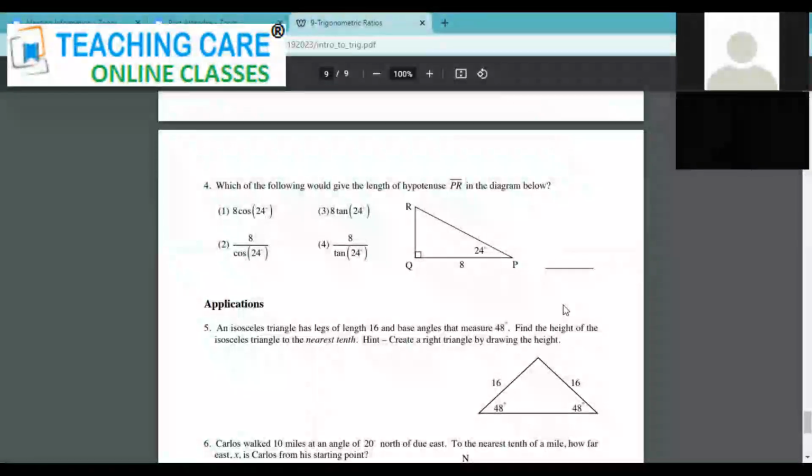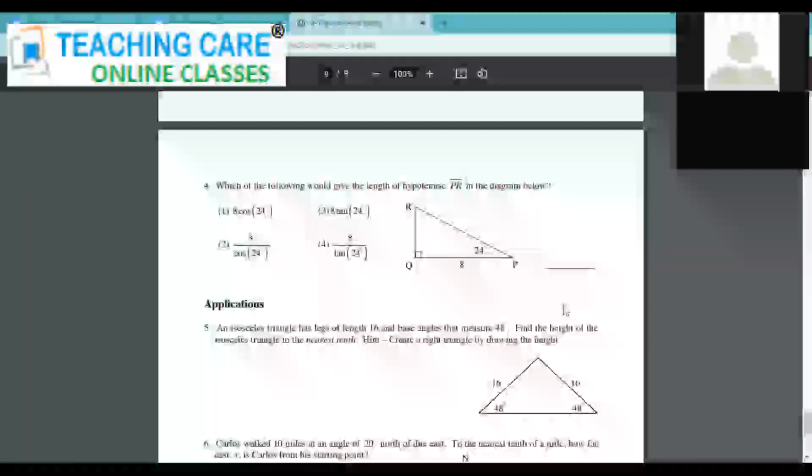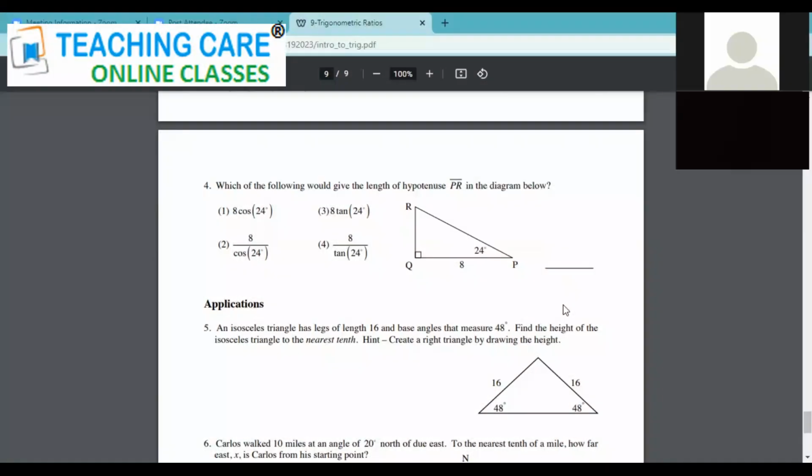You have to find PR. That means the hypotenuse. Yes, good.